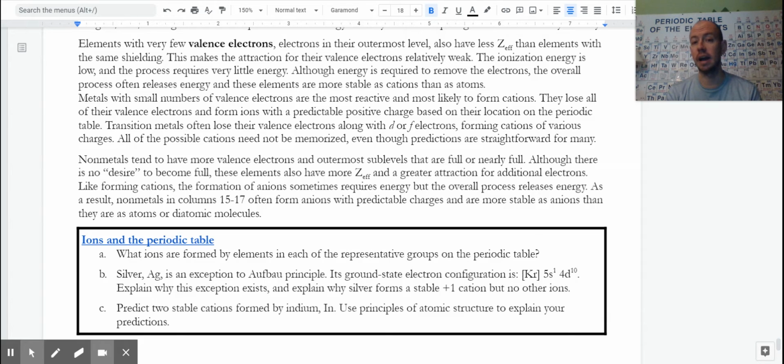tend to gain electrons. That gaining can be gaining to form an anion, or could be sharing to form covalent bonds in a compound. When they are gaining electrons, they tend to form a very predictable anion. Fluorine has 7 valence electrons. It likely gains 1 to have 8 to fill its sublevel.